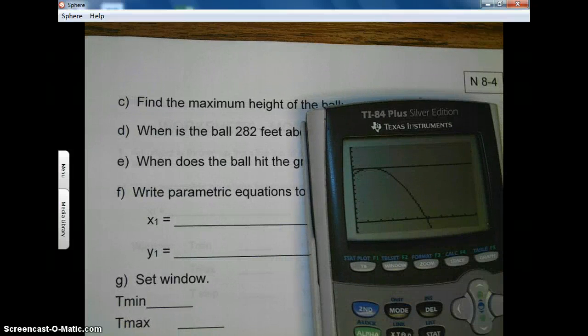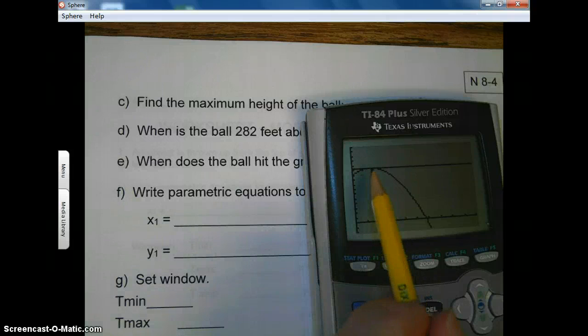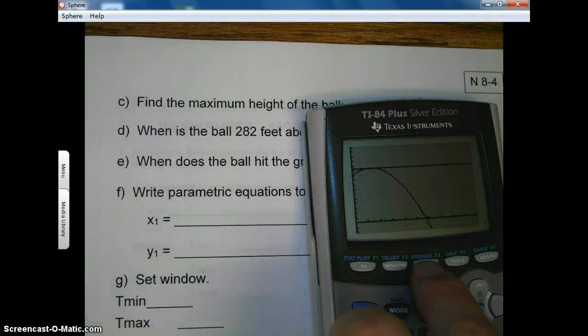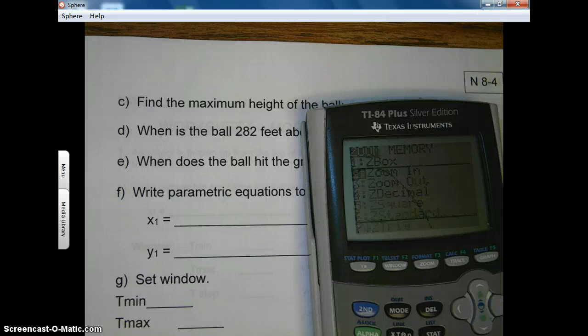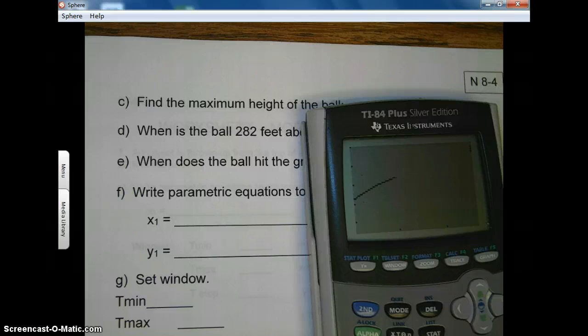Alright, pretty close here, so I'm going to zoom in a little bit. Move your cursor to where you want to zoom in. I want to zoom in right in this area. Enter. That's quite the zoom there.